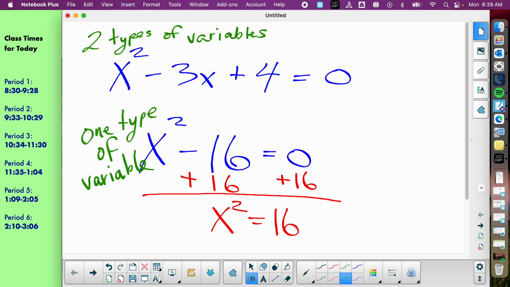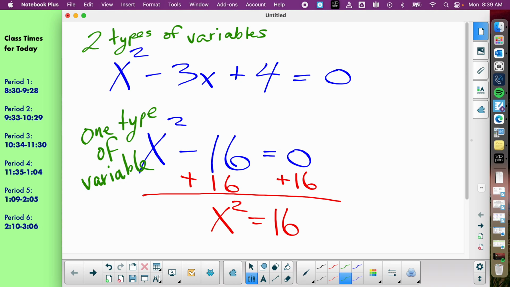Okay, here's what I was looking for. The top one has 2 different kinds of letters. You've got an x squared and you've got a regular x. The bottom one just has one type of letter, an x squared. If you have an equation that has 2 different kinds of letters, you have to solve it by factoring or quadratic formula.